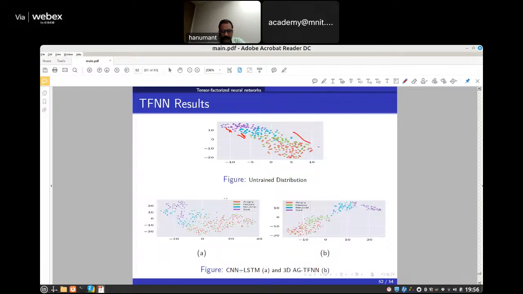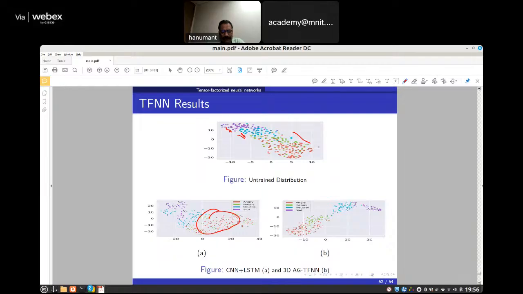Now we applied some traditional methods like CNN and LSTM. You can see that neutral and sad are clearly demarcated, but angry and happy are still mixed. It is a difficult problem.